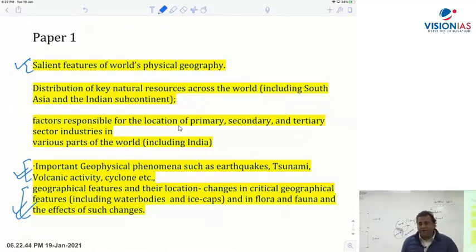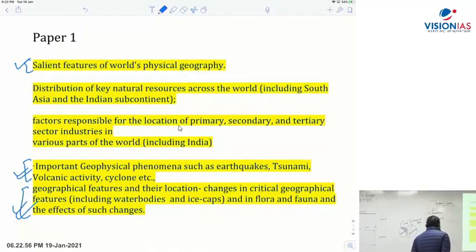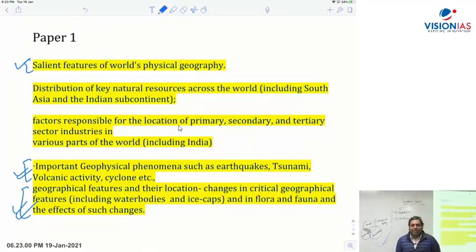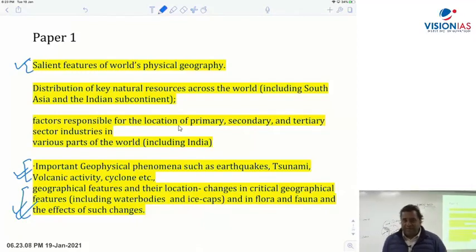It is a subcontinent, and the Indian subcontinent includes India and its immediate neighbors. Who are the immediate neighbors? Pakistan, Nepal, Bhutan, not China here. Why? Because it is not south of Himalayas.